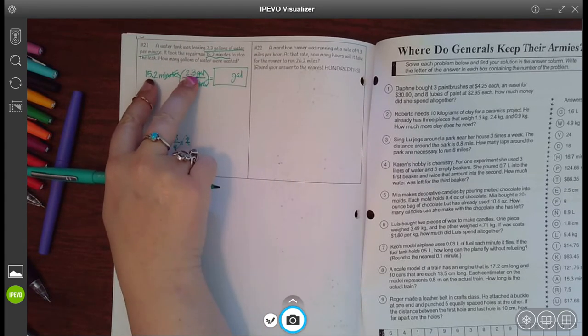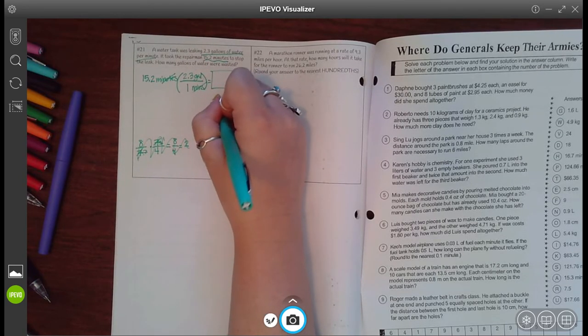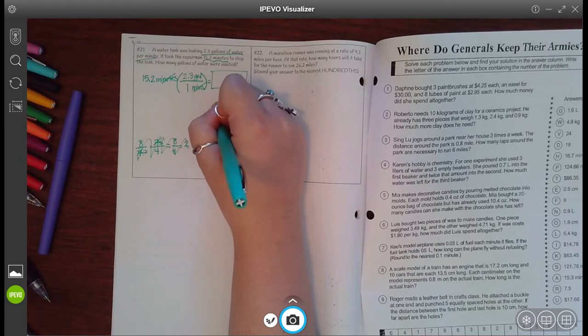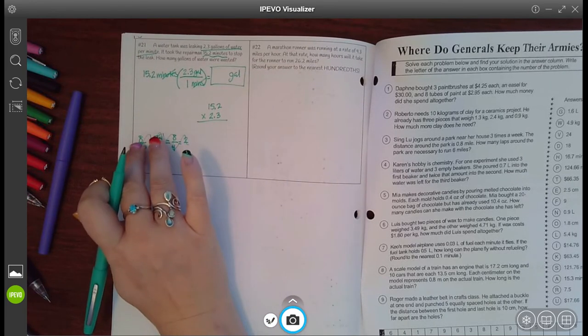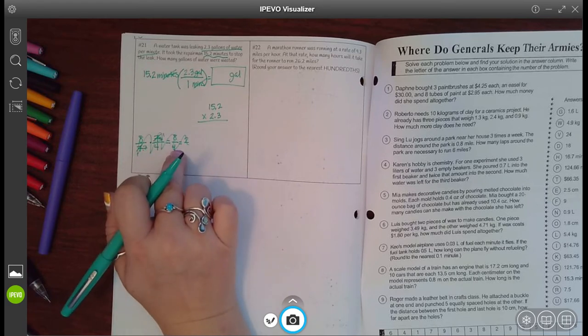Now these two numbers are across from each other, so I'm going to multiply 15.2 times 2.3. Just like I multiplied 8 times 1 because they were across from each other, and 1 times 4, I multiplied them.